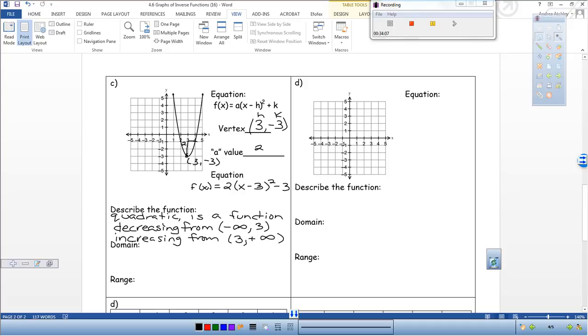Because at 3, it is not increasing or decreasing. It's changing directions. Okay? It's not talking about being equal to 3. It's saying what is it doing at 3. And at 3, it's neither decreasing or increasing. At 3, that's called our point of inflection, and it's changing direction. Any questions over that?